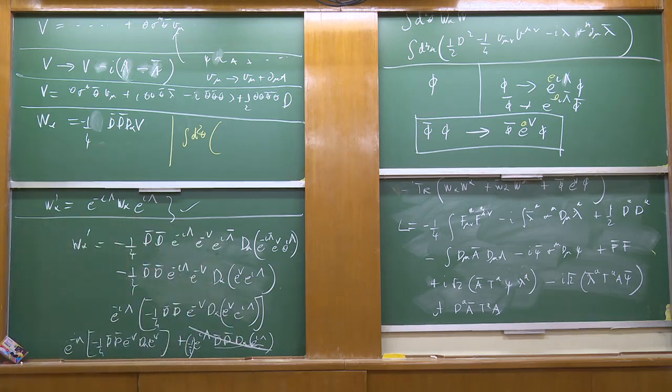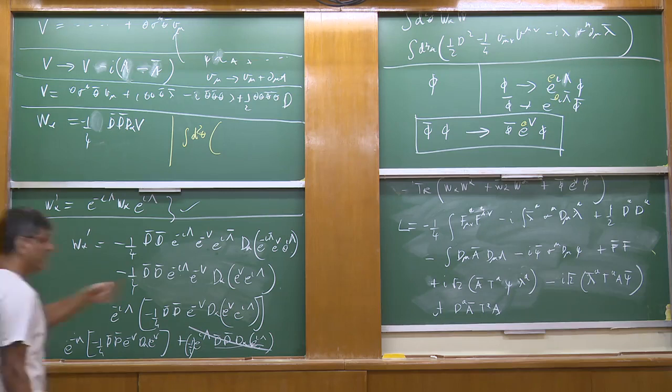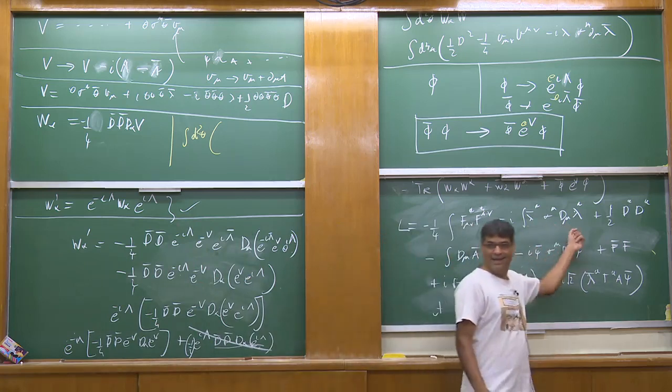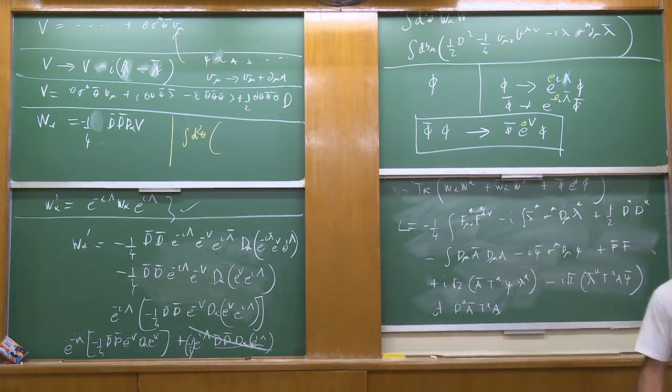Earlier it was uncharged, that's why its derivative was normal. But now we're looking at a non-abelian group, so this D_μ will be a covariant derivative on lambda, with A in the adjoint, involving a commutator with lambda.